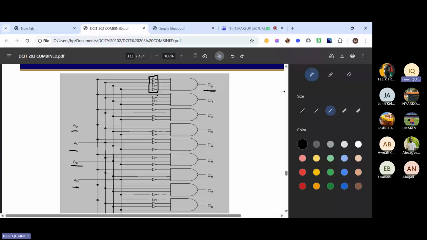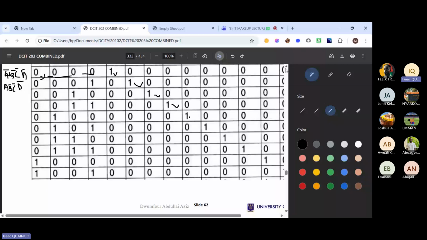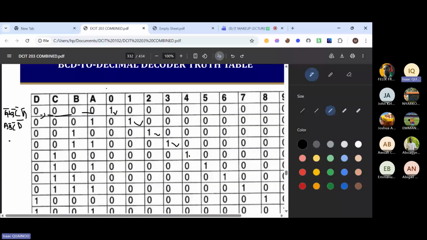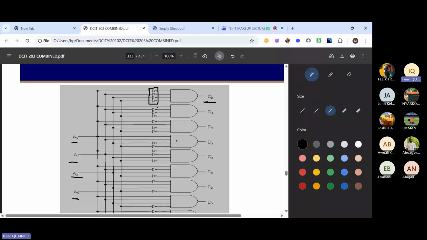Then you go to the third line. The third line is what? You have A prime, then B, then C prime, then D prime, okay? So you have A prime, then B, then C prime, then D prime. If you come down here, you see that you have A prime, right?